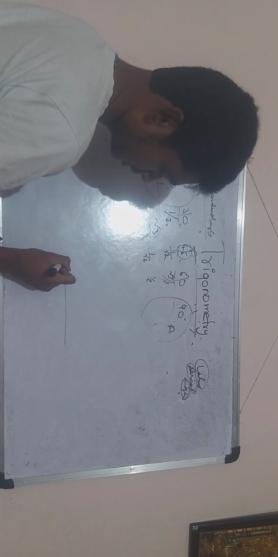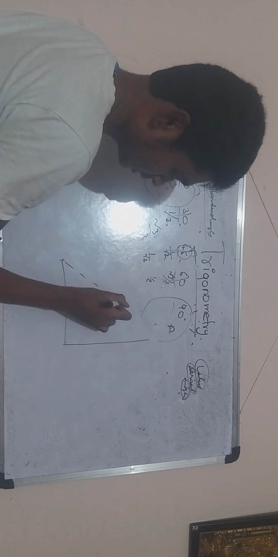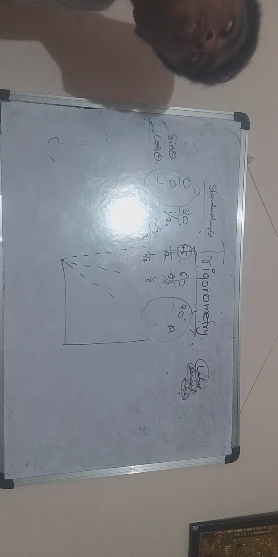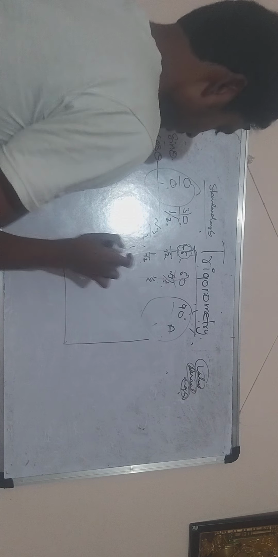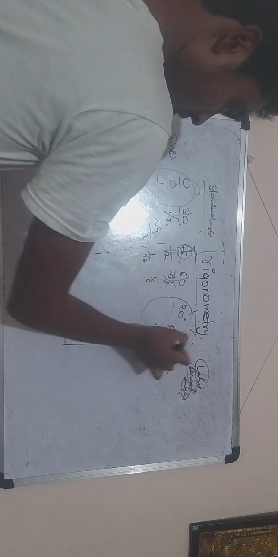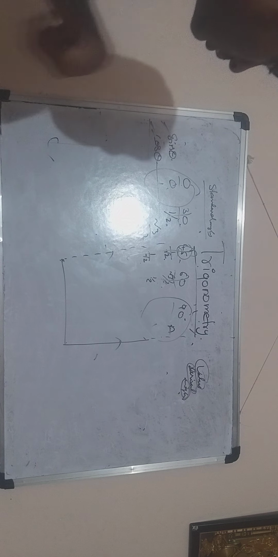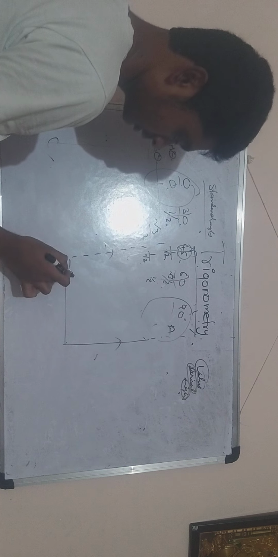So we keep on increasing this like this. When we keep this at 90 degrees, this won't intersect this. The both lines would be parallel to each other when this is 90 degrees.